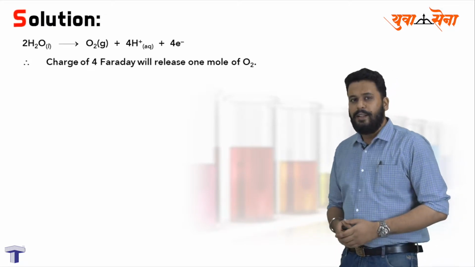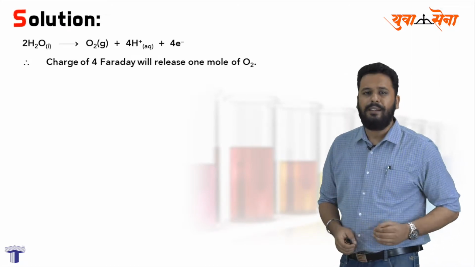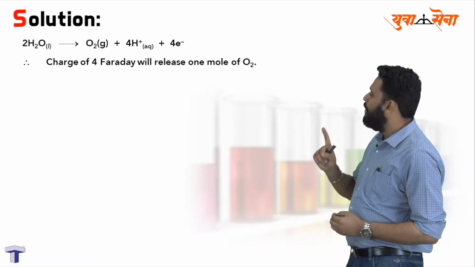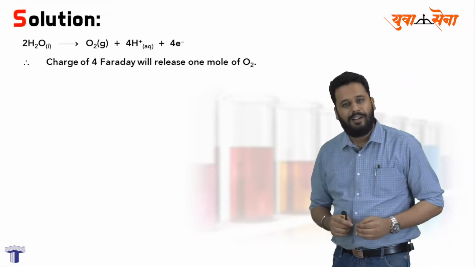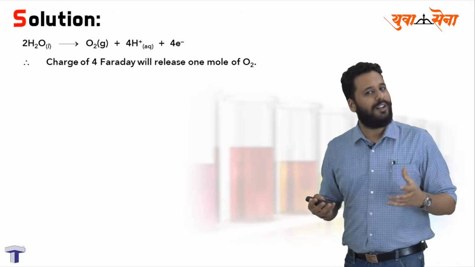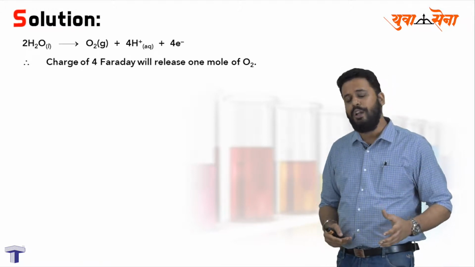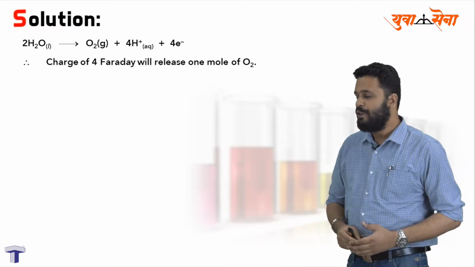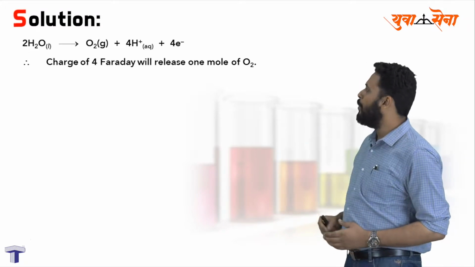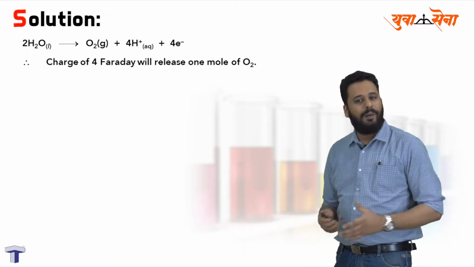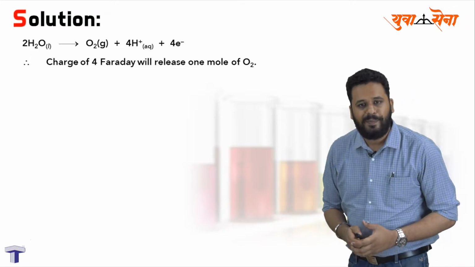So I can say that the charge of 4 Faraday will release 1 mole of oxygen, because 4 moles of electrons, and we know that 1 mole of electron is 1 Faraday. So 4 Faraday will be required to liberate 1 mole of oxygen.